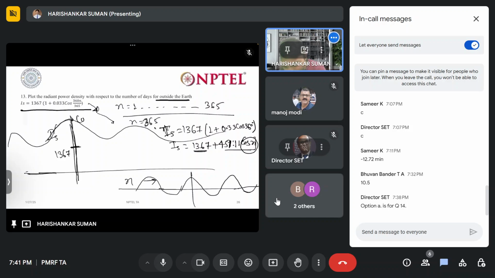Please find the position. How can you get this? For this position, use cos maximum, so please add this number, and cos minimum you can add.